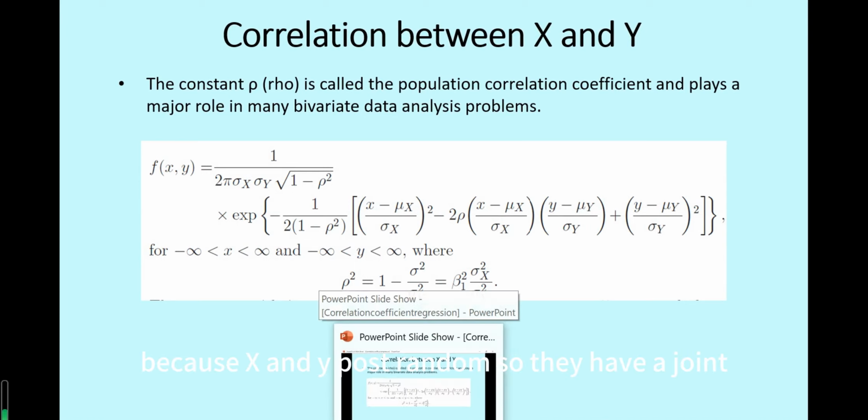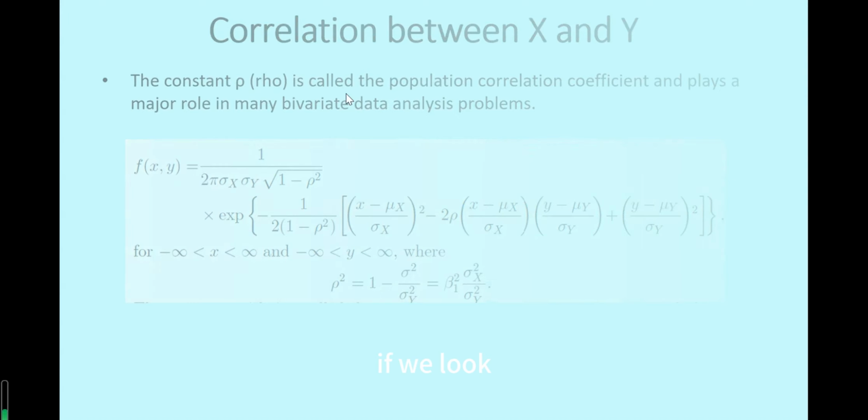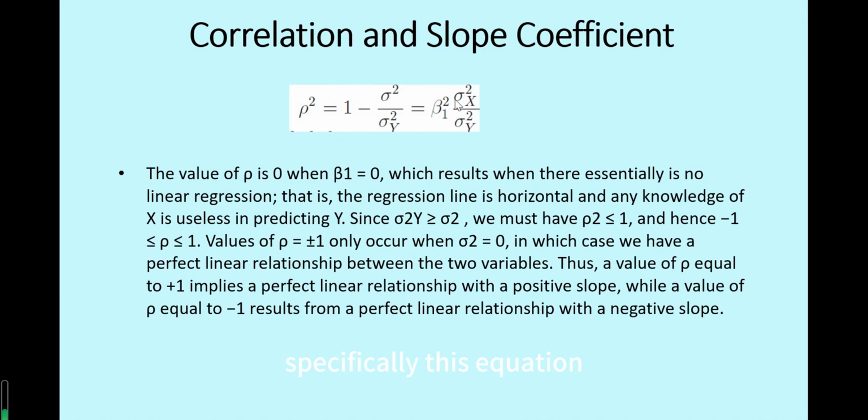Because x and y are both random, they have a joint distribution. This is the joint probability density. It is very complicated, but it is the multiplication of these two random variables, with a parameter called rho. Here rho square is sigma x square divided by sigma y square times beta 1 square. If we look specifically at this equation, the value of rho is 0 if beta 1 is 0.